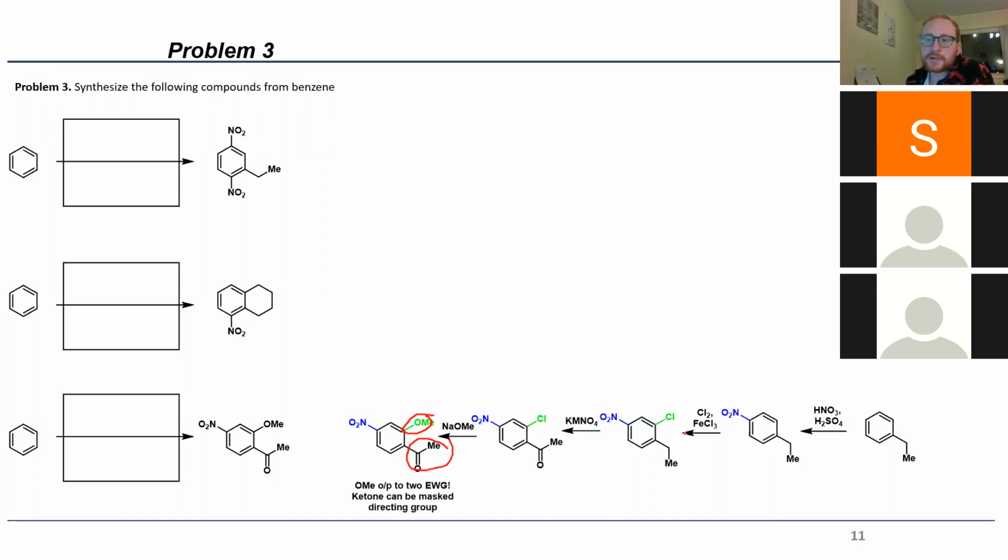And that's what makes it a very easy way to control single versus double addition. In this case, we have a moderately active, or electron neutral, ring with one electron donating group and one electron withdrawing group. And so the monochlorination is pretty easy to control. Okay, any more questions?